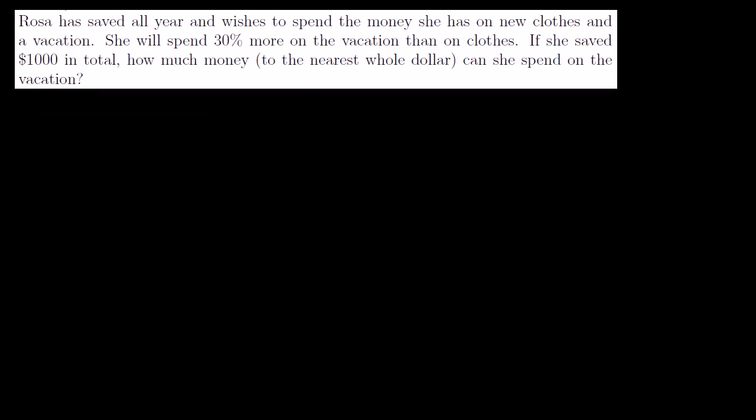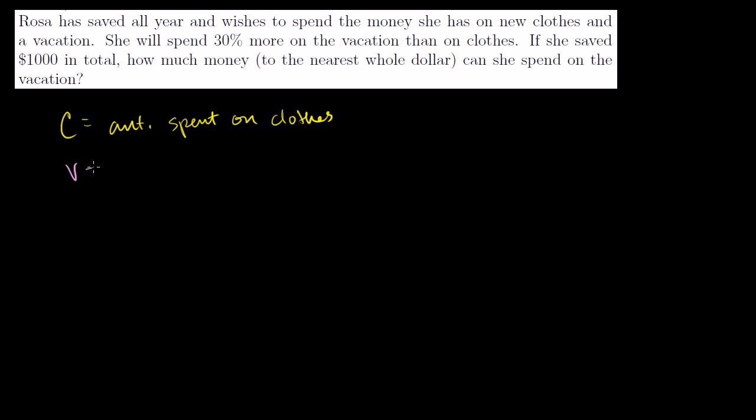Next question. Rosa has saved all year and wishes to spend the money she has on new clothes and a vacation. She will spend 30% more on the vacation than on the clothes. So let's say that C is the amount spent on clothes. She's going to spend 30% more on the vacation.